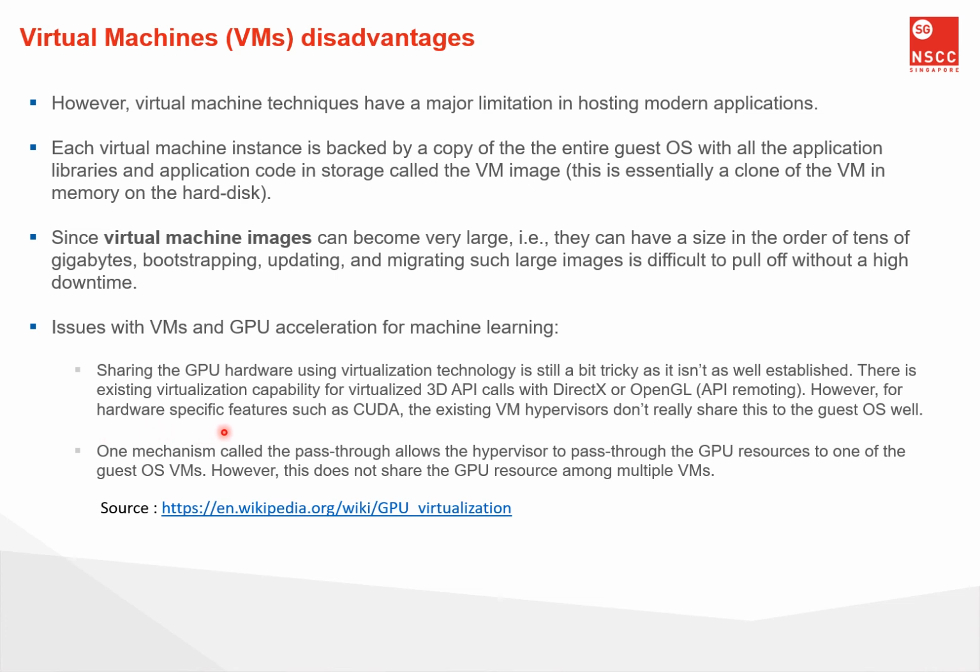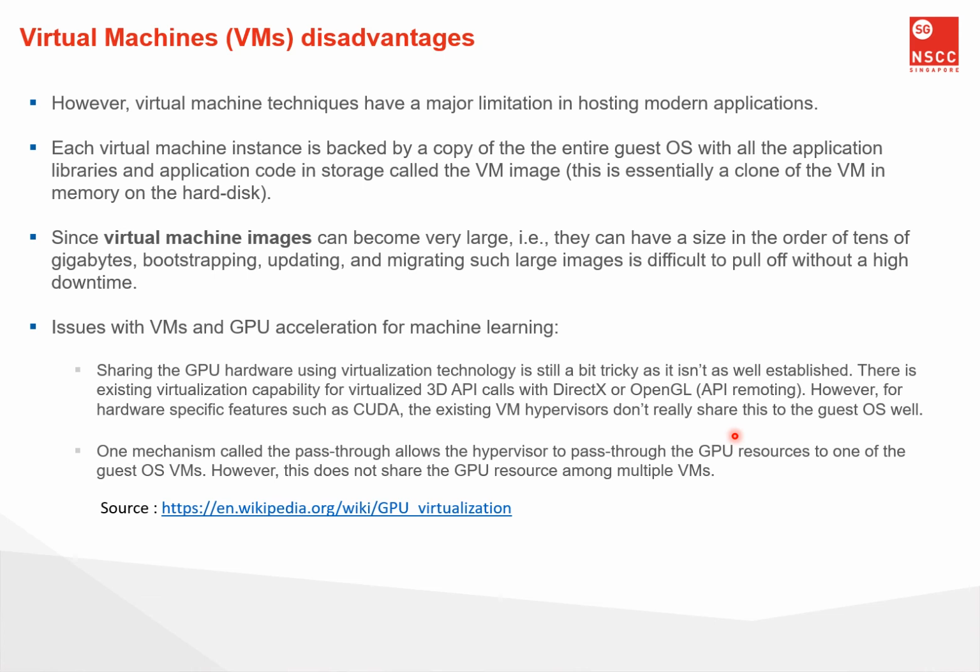One mechanism that's also been used to allow this to happen is what we call the hypervisor pass-through, which is basically like a shortcut. It allows the GPU resource to be given to one of the guest OS. It's not really shared, it's just that there's a shortcut from one of the virtual machines directly to the underlying hardware.